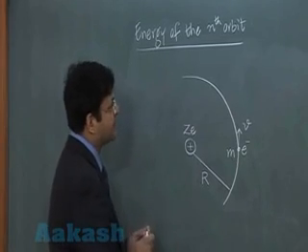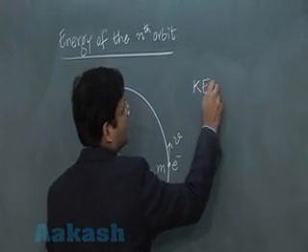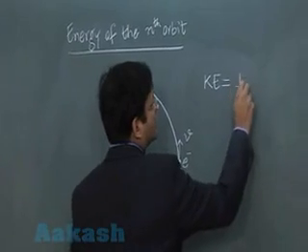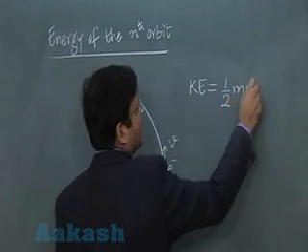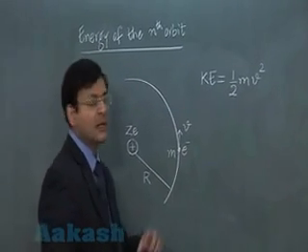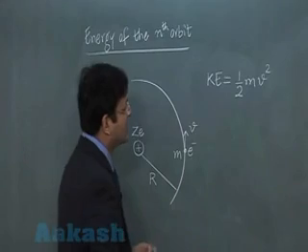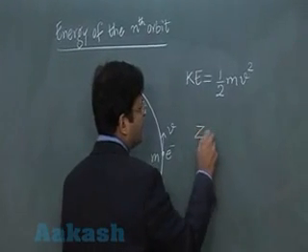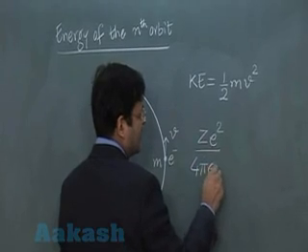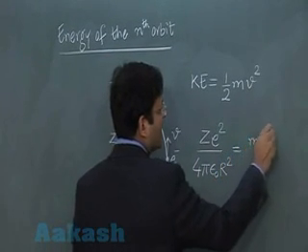Right now, you see, the kinetic energy, which I am denoting by Ke, can be written as half mv square, isn't it? This is the normal expression for the kinetic energy of any mass particle, which I have written as half mv square. And the first postulate says that Ze square upon 4 pi epsilon naught r square is equal to mv square by r.